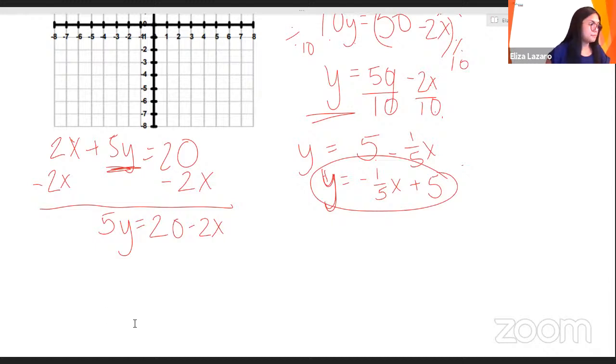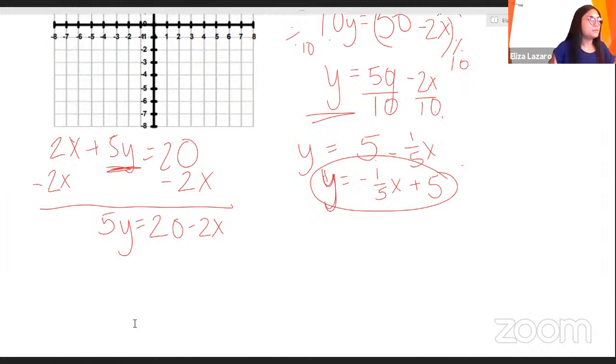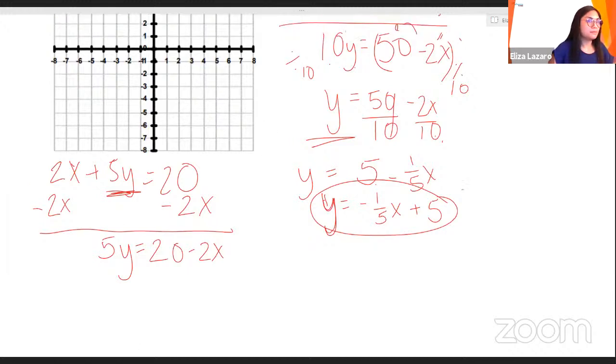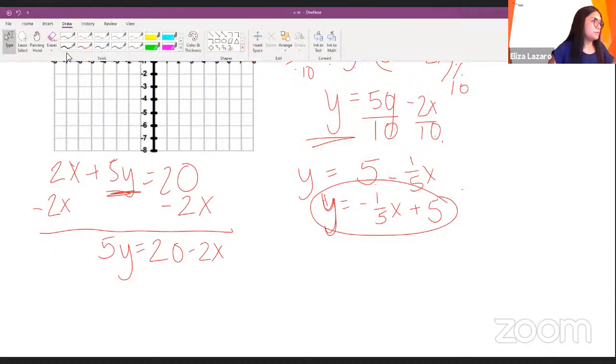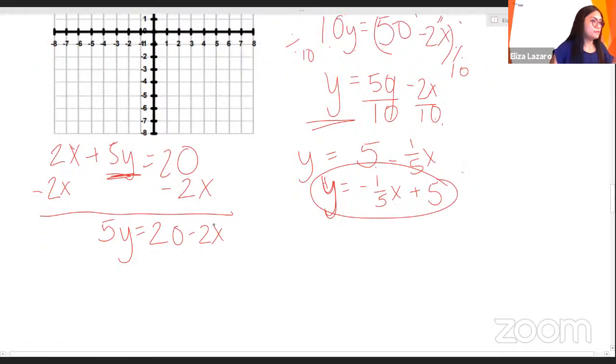Hang on one second. Okay, so back to the problem. Hopefully you can still see my screen. If not, just say something, I'll try to fix it.